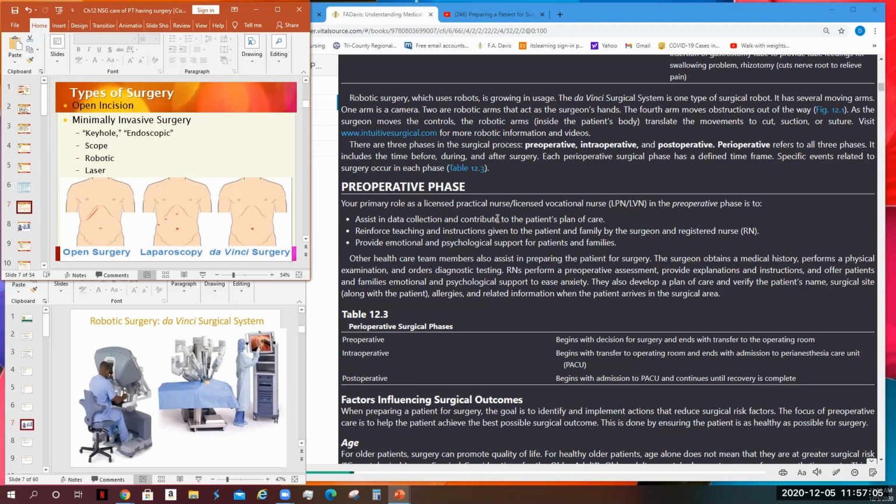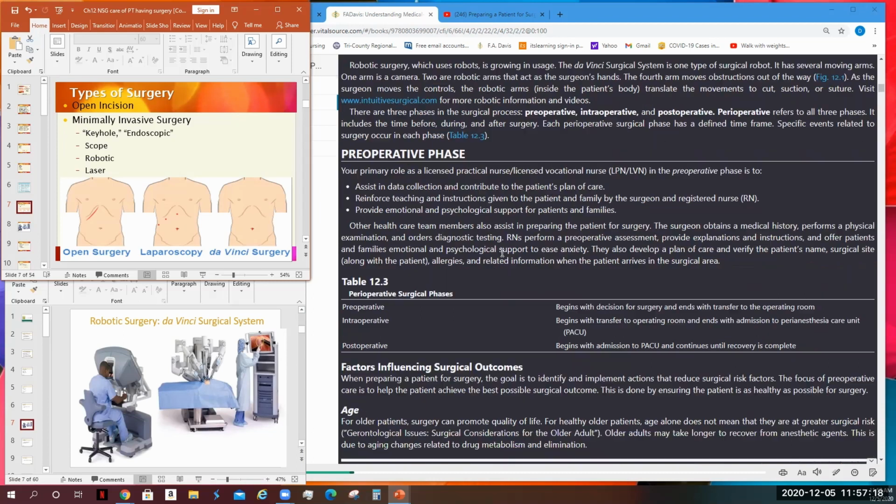They also develop a plan of care and verify the patient's name, surgical site, allergies, and related information when the patient arrives in the surgical area.